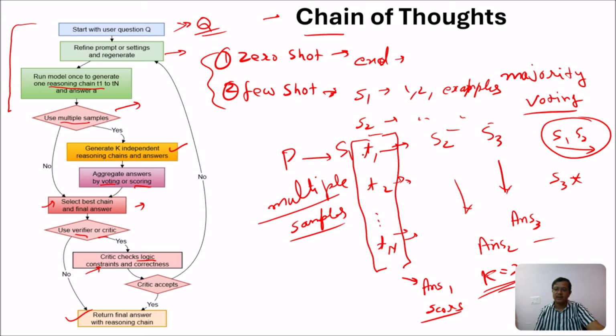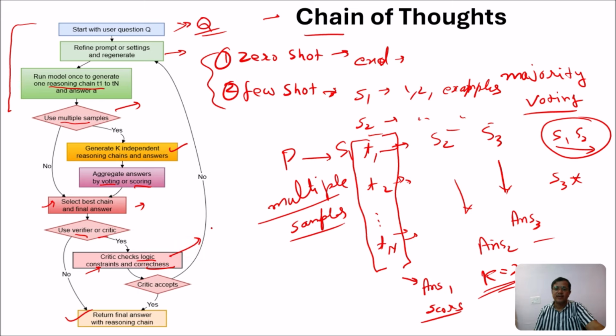Second is constraints, whether the answer is violating any constraints, rules, or parameters that we have to check. Third is correctness. There may be some supporting evidence, even if we don't know the answer, that we can write in the form of a prompt, and we ask the system to check whether the answer violates those supporting parameters which justify its correctness.